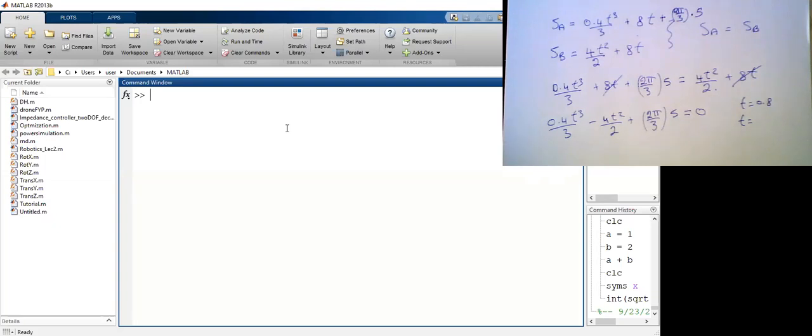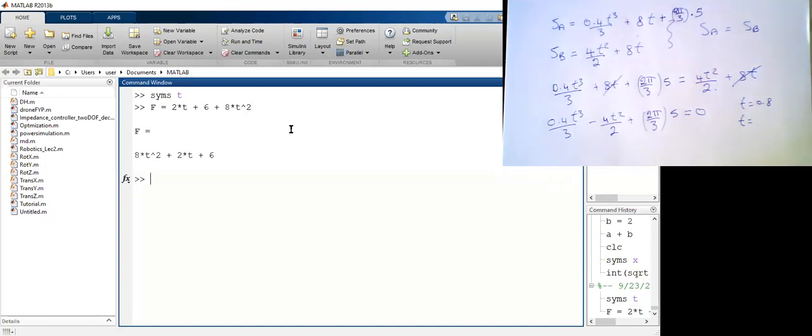In MATLAB, I have to define a symbolic variable, and I'm going to define that as t. It's very simple to solve equations in MATLAB, so I can write my expression. Let's say f is equal to 2t plus 5 plus 8 times t squared.